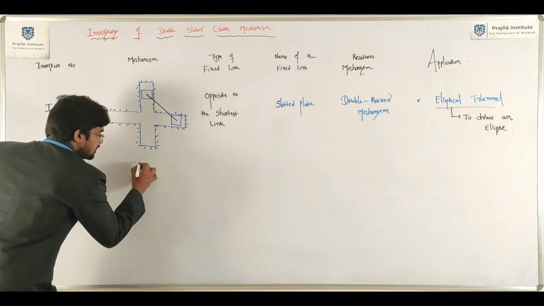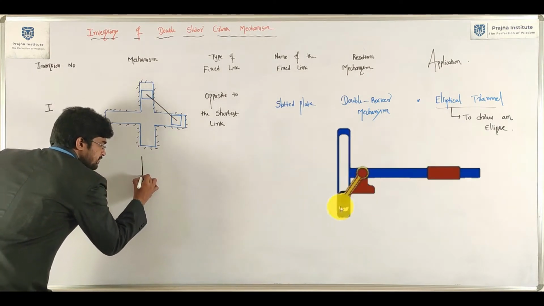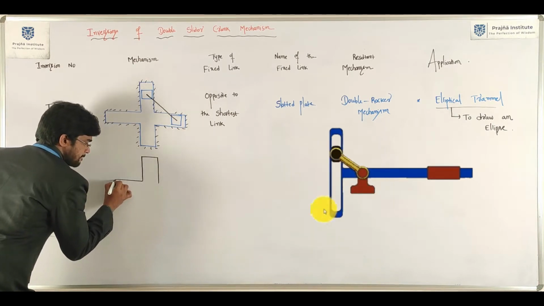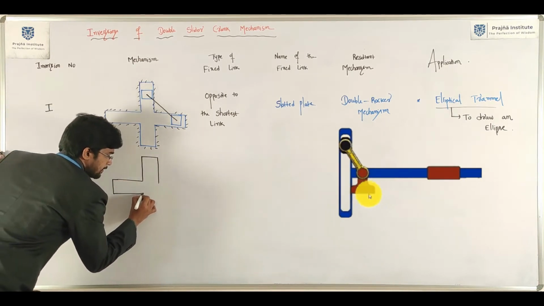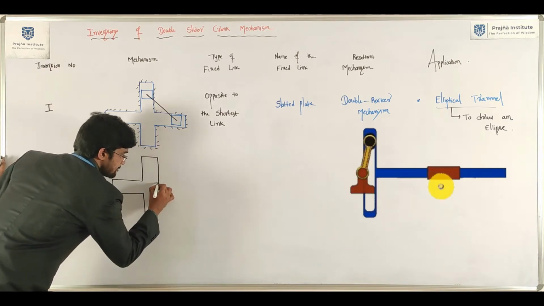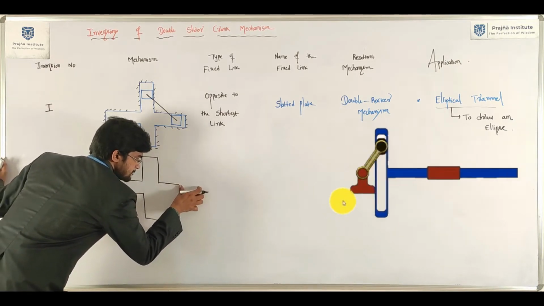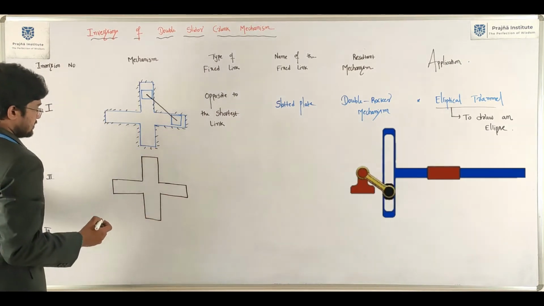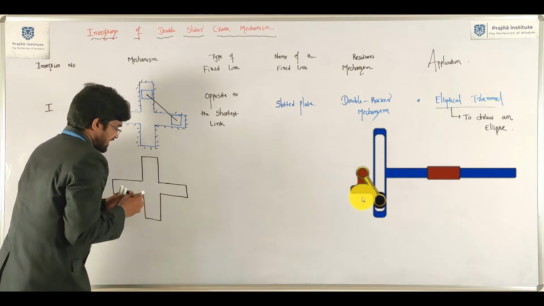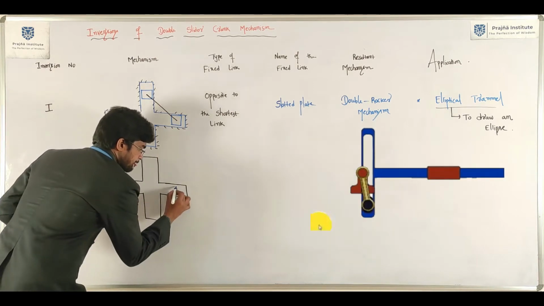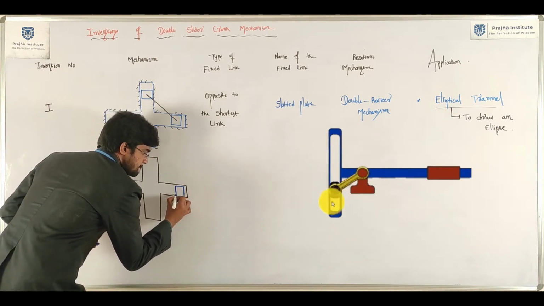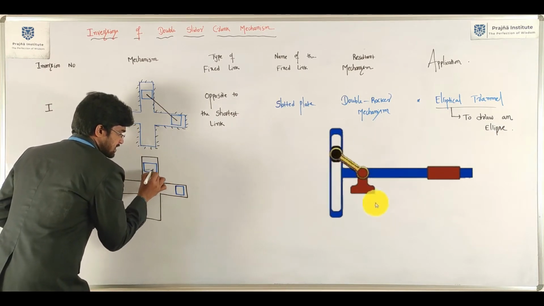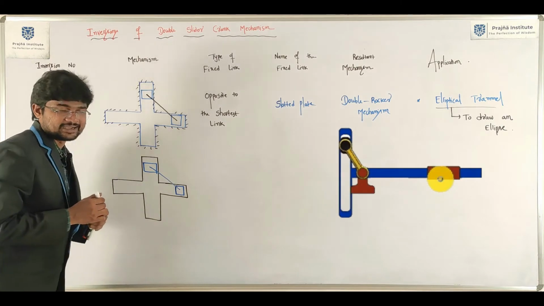Now, another inversion. Draw the double slider crank mechanism. One slider, connected by the shortest link.